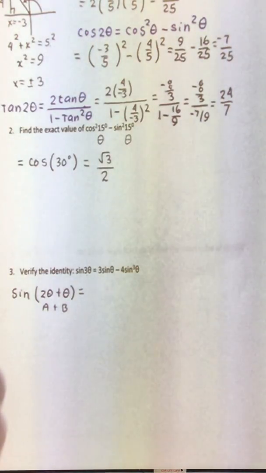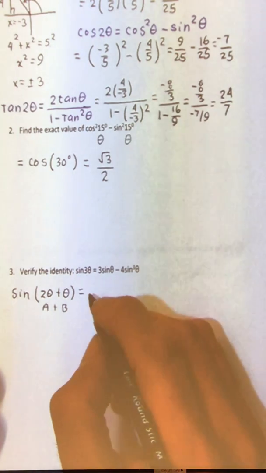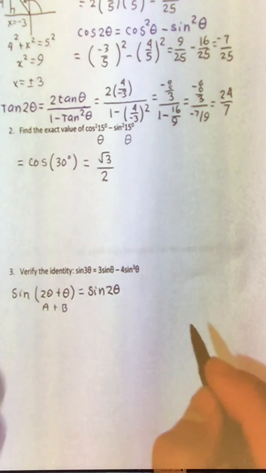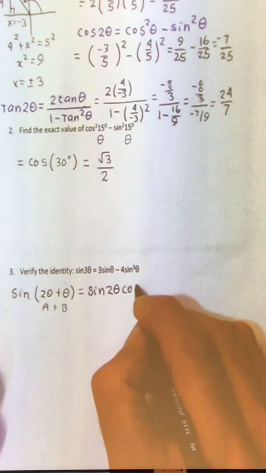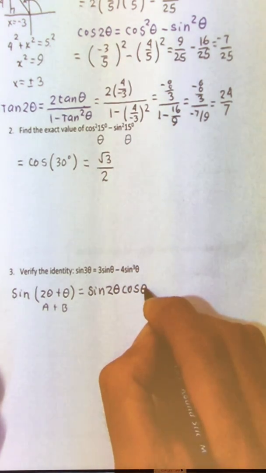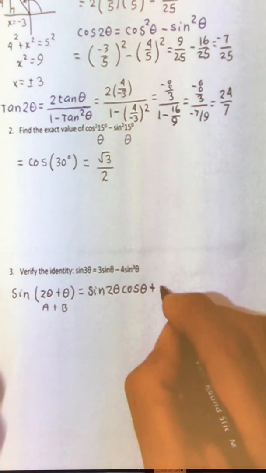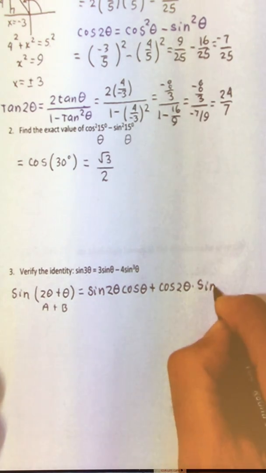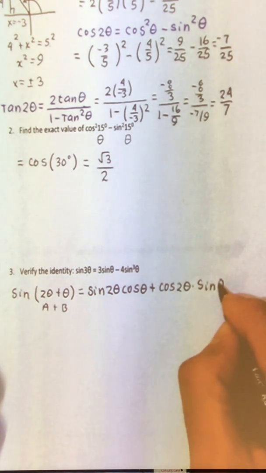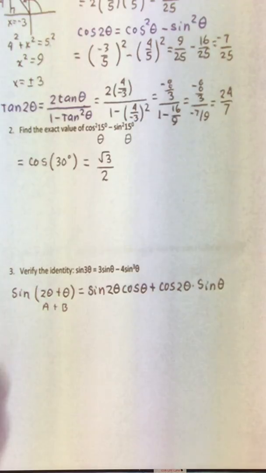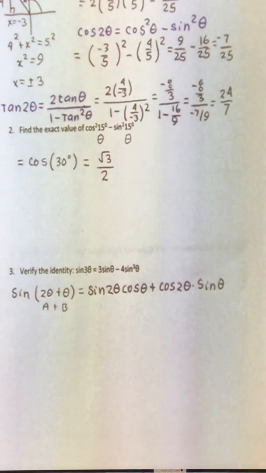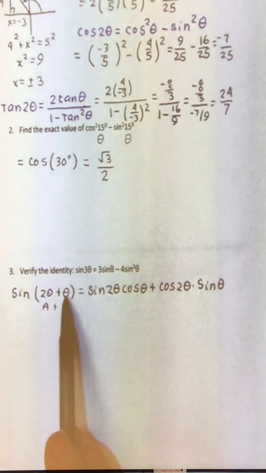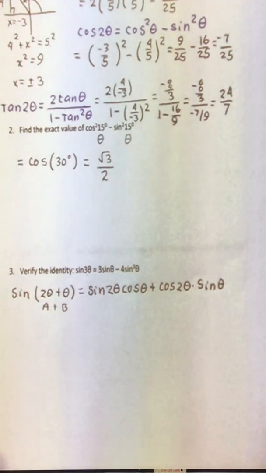The sine of a plus b is the sine of the angle a, so that's the sine of 2 theta, times the cosine of the second angle, that's theta, plus the cosine of the first angle, that's 2 theta, times the sine of the second angle, and that is theta. So again, I'm using my identity for sine of a plus b and expanding that, where for a we substitute 2 theta, and for b we substitute the angle theta.